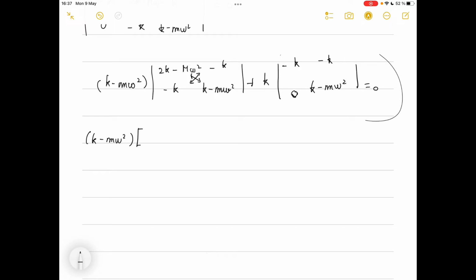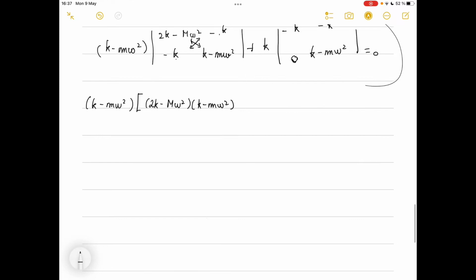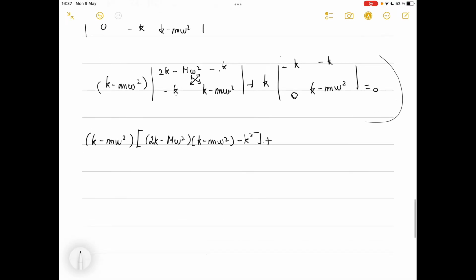So that would be 2k minus big M omega squared times k minus m omega squared, minus k times minus k, so that would be minus k squared. It's a bit confusing. Plus k times minus k times k minus m omega squared, equals 0.